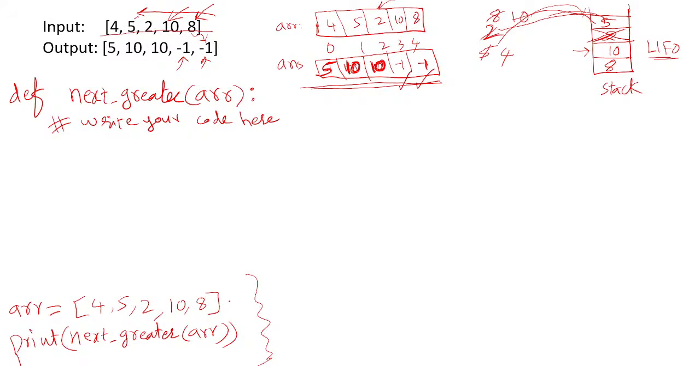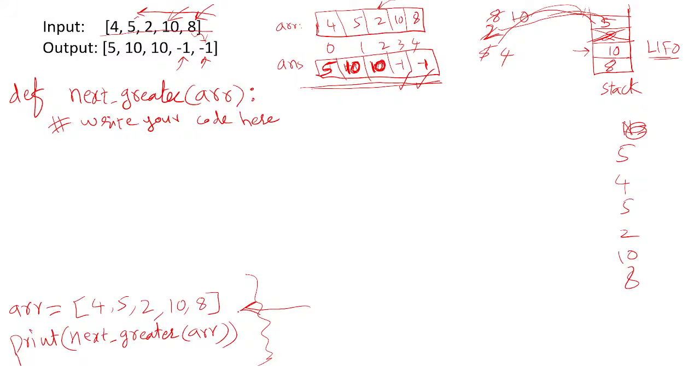I'm just giving an example directly. Here I am initializing the array, but the input may be: the first line contains the number of elements, n value, something like 5. Then it contains the next 5 elements like 4, 5, 2, 10, and 8. This is how the input is given. How to read this input and everything, the code will be pre-written and given to you.